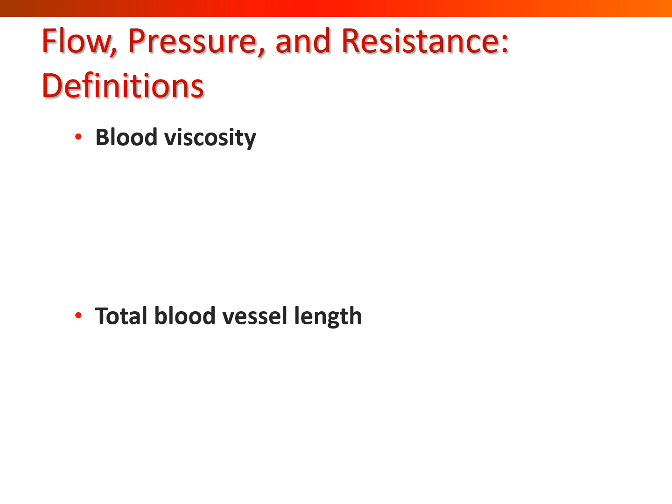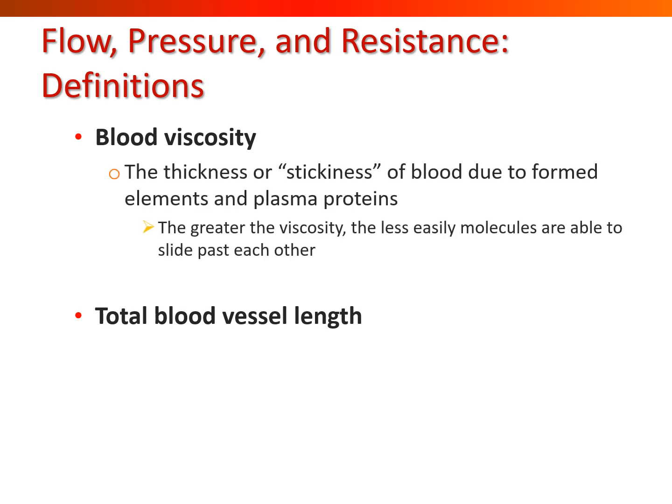Now, I said a moment ago that blood viscosity is really the stickiness or the thickness of the blood. So when blood is sticky, that means that the red blood cells have a tendency to want to stick to each other, and that's going to create resistance to flow. They just don't tend to roll along in that blood vessel as easily as they could otherwise if they didn't have a great deal of viscosity to them.